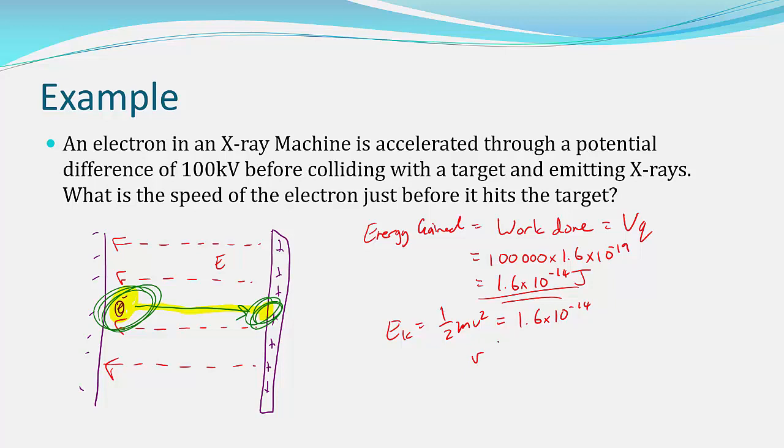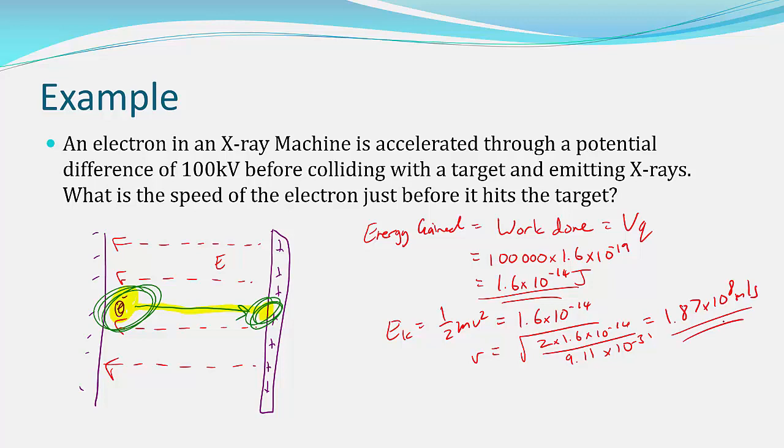And then I can solve that by saying, okay, well, that means v is going to be the square root of 2 times 1.6 times 10 to the negative 14 divided by the mass of an electron, which is 9.11 times 10 to the negative 31, I think. And your answer will be 1.87 times 10 to the 8 meters per second.